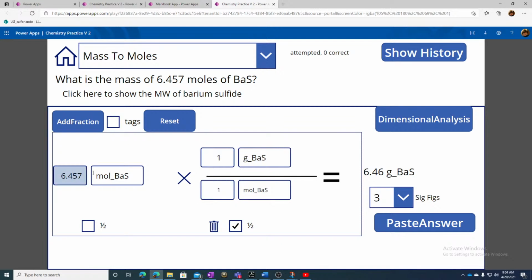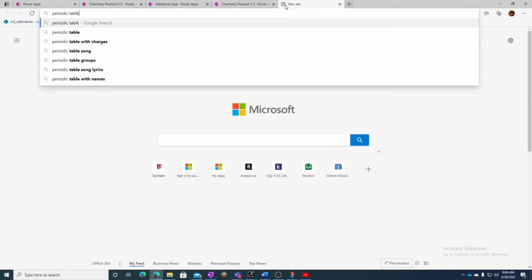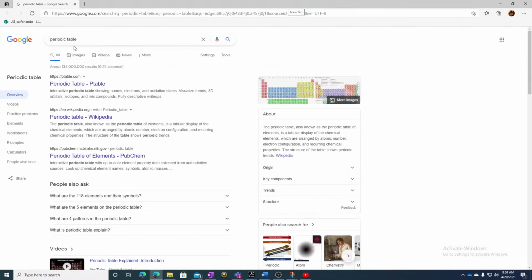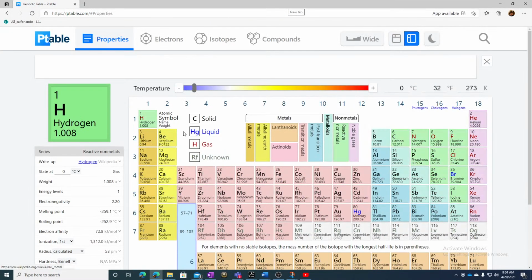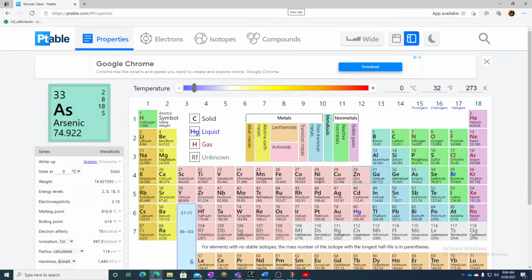And then, now that we know that, we just need to know how many grams are in a mole of barium sulfide. Now, as we know, we would look at the periodic table for that. So barium has a mass of 137.33 and sulfide 32.06.